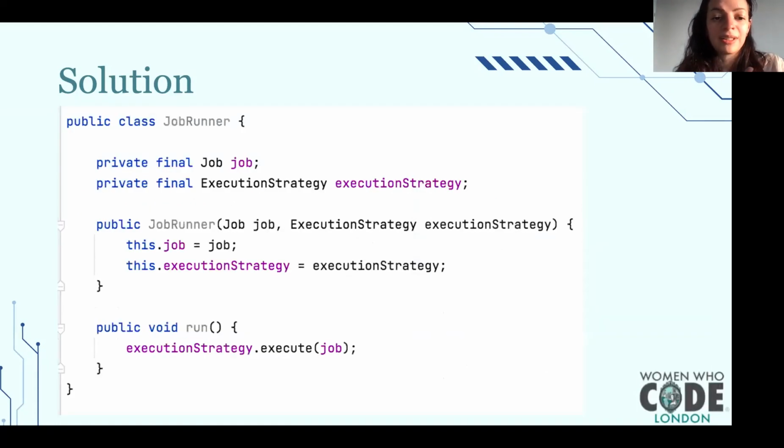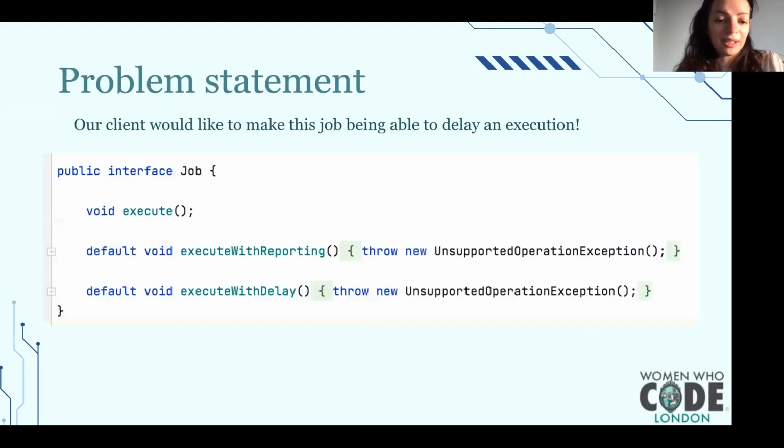One more thing. When we add all this to the interface, in Java 8 we already have a default method, which says we do not support this object. But before Java 8, we couldn't even do it. We had to provide it in the interface. That means that if we create another job that implements this Job interface, this job should execute with reporting, even if it doesn't have to.